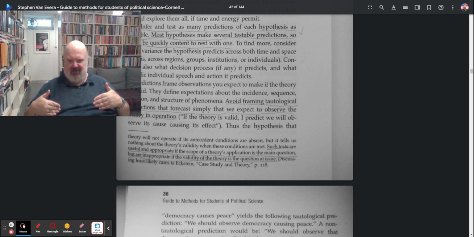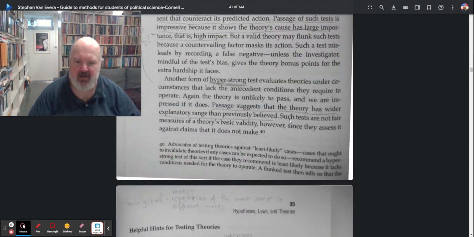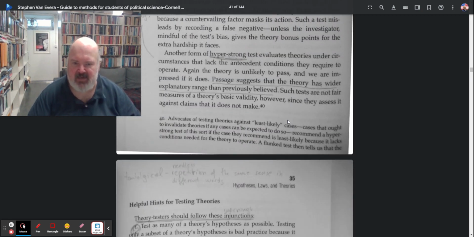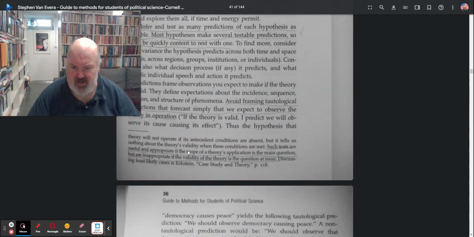And he says, discussion of least likely cases in Eckstein, page right there. So we have this least likely case analysis, we argue. Why? Because we use it as a mechanism of testing, exactly what he says here. He says, testing whether the antecedent condition operates or not. So if it is about testing the scope of the theory's validity, yes, it's valid.